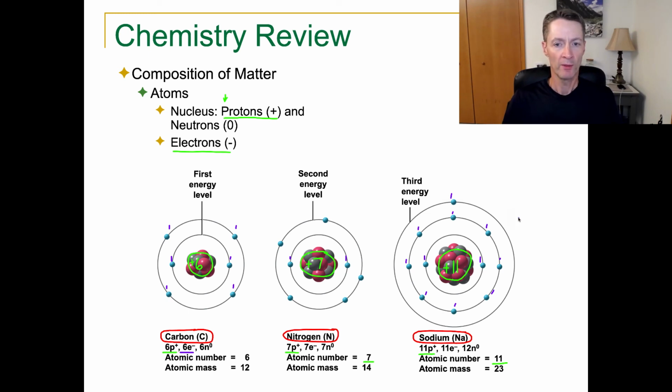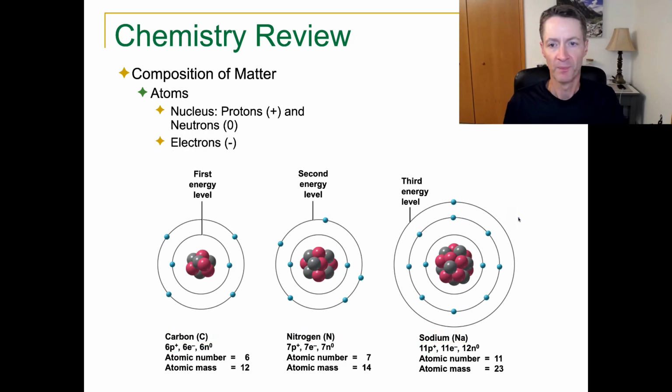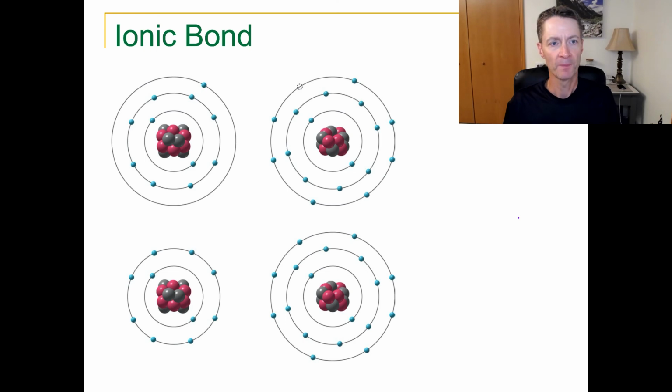Okay, so these atoms are the smallest unit of matter representing each element that we might want to talk about. Now, let's consider some of the ways that these atoms might interact with one another. So here we're going to use red for this.